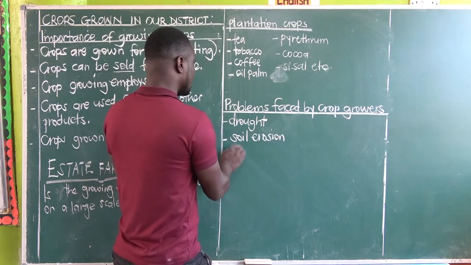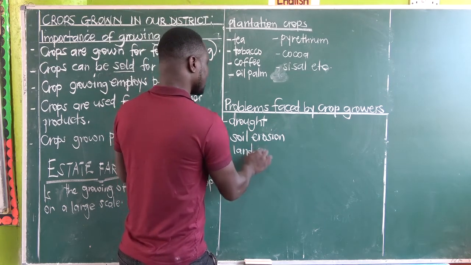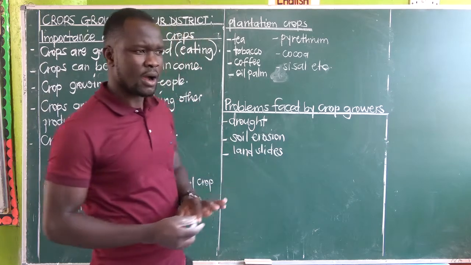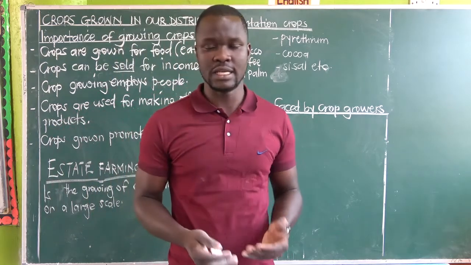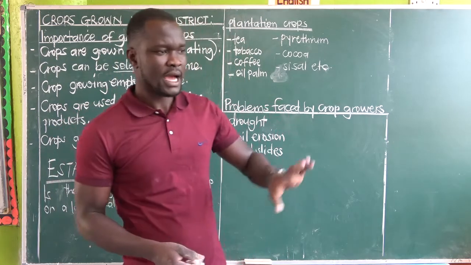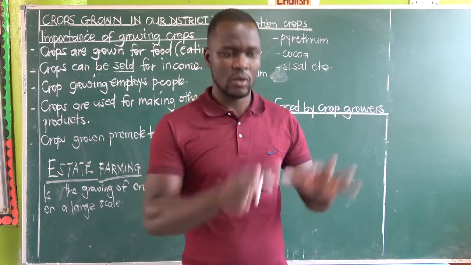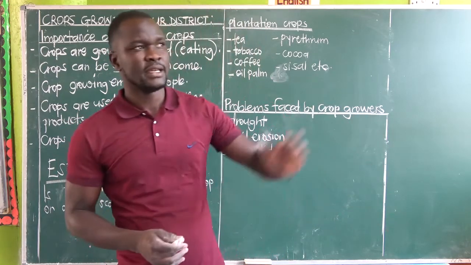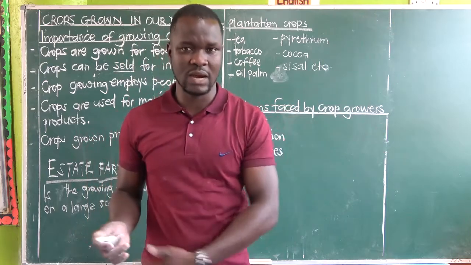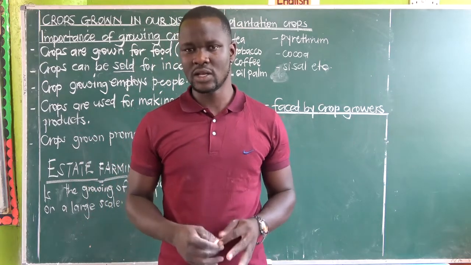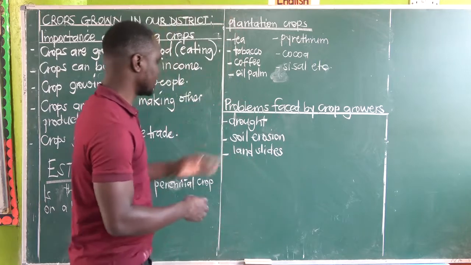We have the problem of landslides. This problem of landslides always takes place in mountainous areas. You find as farmers plant crops on the slopes of the mountain, the soil gets washed down with the crops. So a farmer will have serious loss when such occurrences take place.